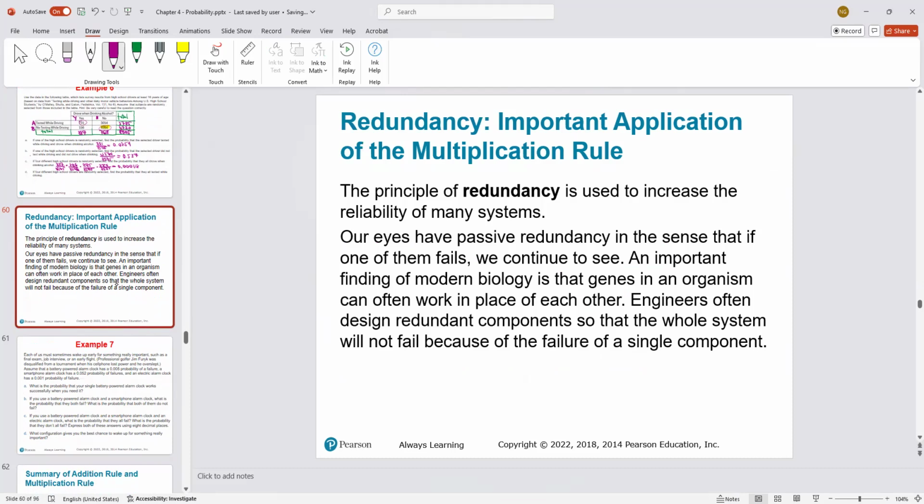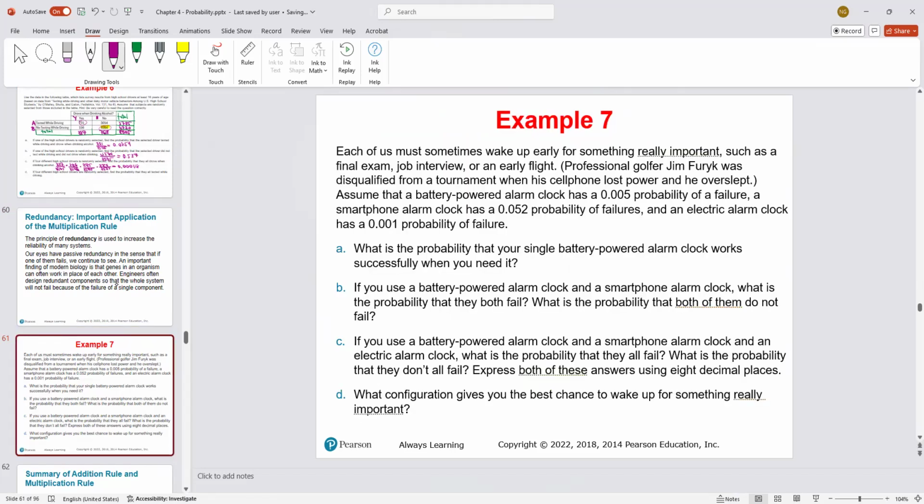An important finding of modern biology is that genes in organisms can often work in place of each other. Engineers often design redundant components so that the whole system will not fail because of the failure of a single component. So we do redundancy, but let's see for these examples.